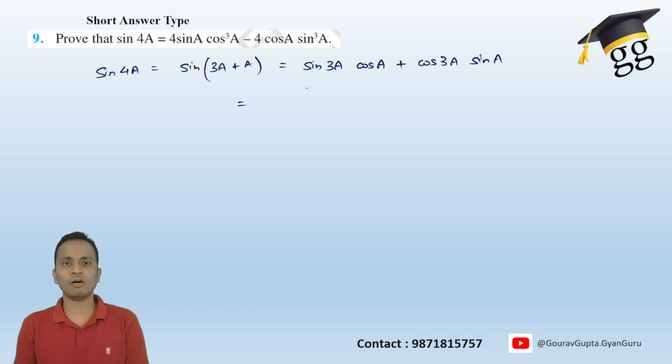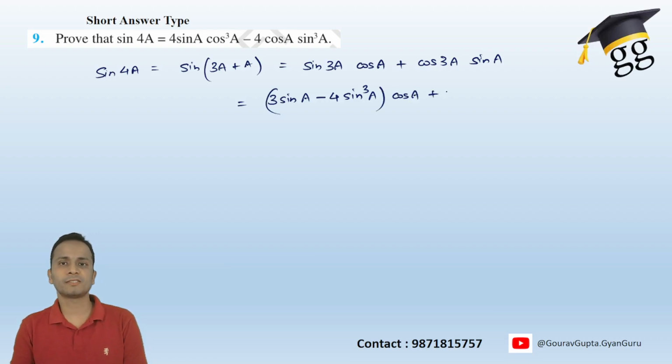Okay, now apply the formula of sine 3a, which is 3 sine a minus 4 sine cube a. Then cos a as it is, plus apply the formula of cos 3a, which is similar to the formula of sine 3a. So this is 4 cos cube a minus 3 cos a, and then multiplied by sine a, which comes as it is.